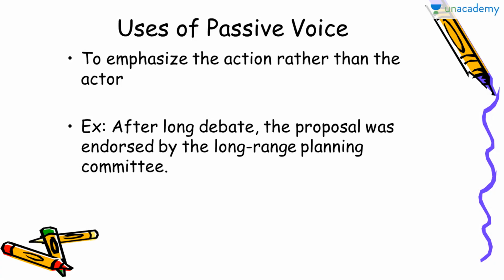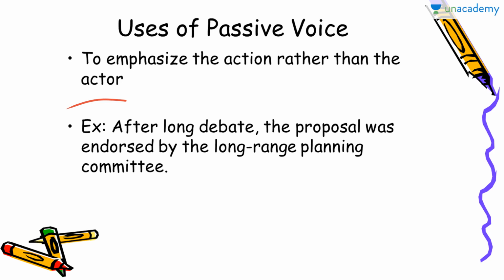Let's start with the first use, which is to emphasize the action rather than the actor. According to me, I categorize a sentence into three main parts. One, the person or group of people who are doing the action. Second, the action which is done and expressed by the verb.